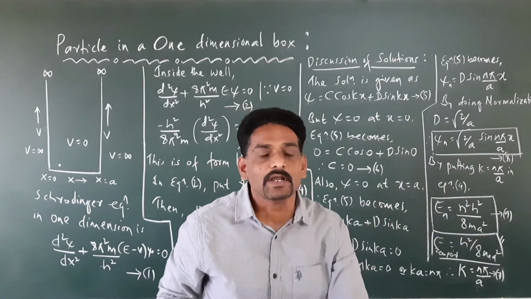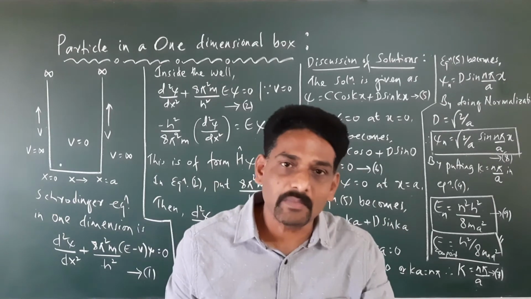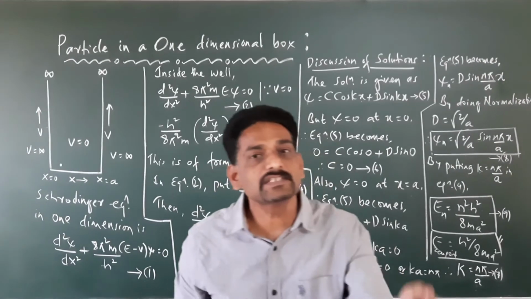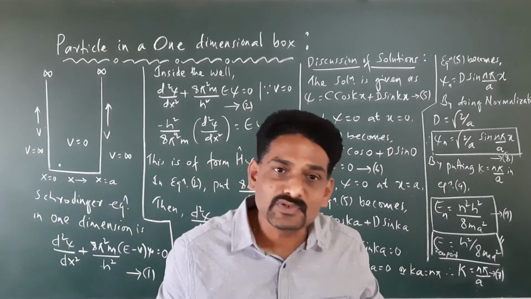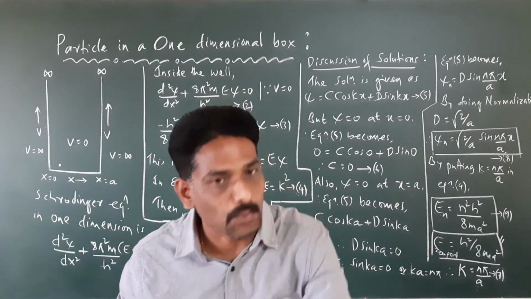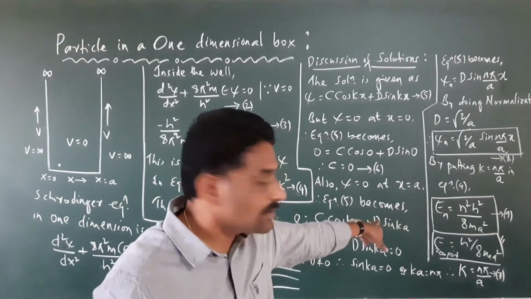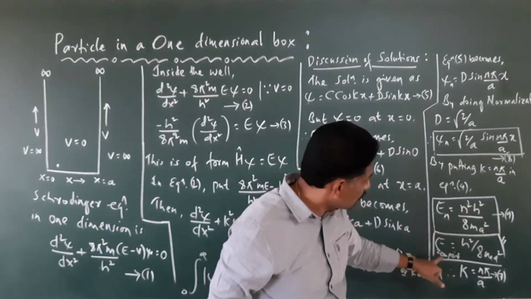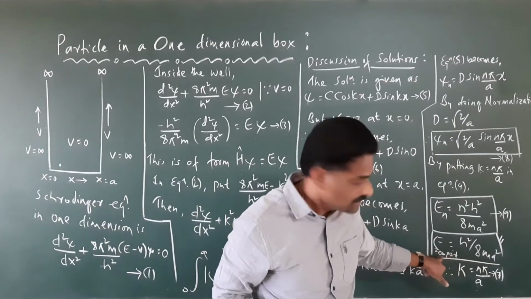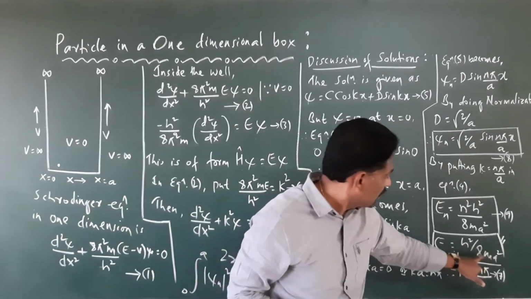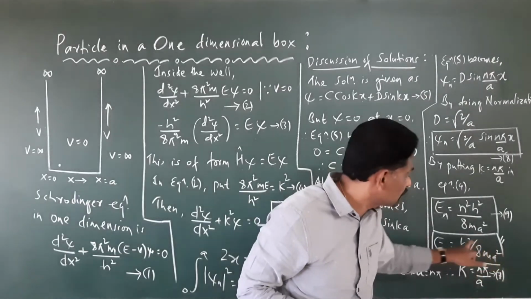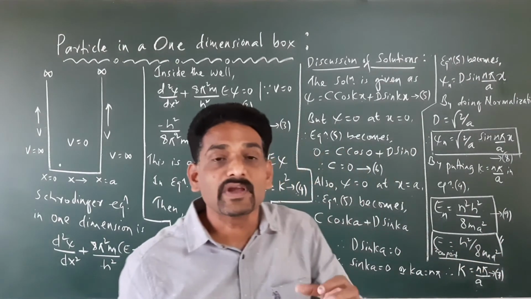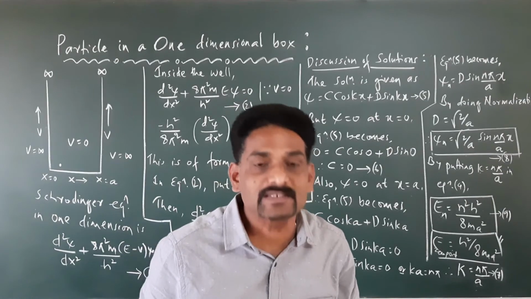And one more important difference is, as per classical mechanics, the energy of a particle at absolute 0 Kelvin is 0. Whereas, as per quantum mechanics, if you take n equals 1, that we call the zero point energy. If you substitute the values of h, a, m, and calculate, we get some finite value.